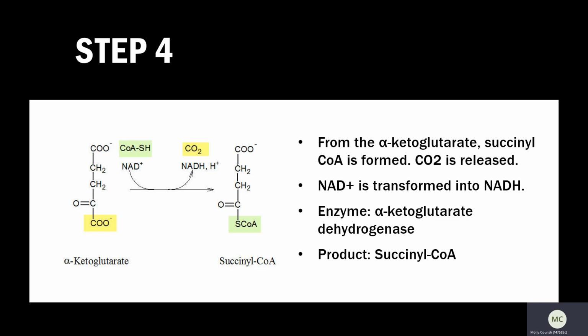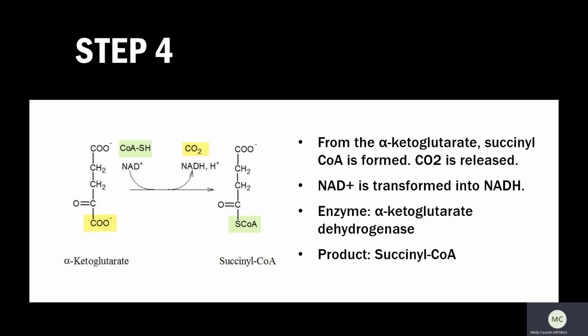Step 4 of the citric acid cycle begins with the product generated in step 3, which is alpha ketoglutarate. Alpha ketoglutarate will form succinyl-CoA during step 4.